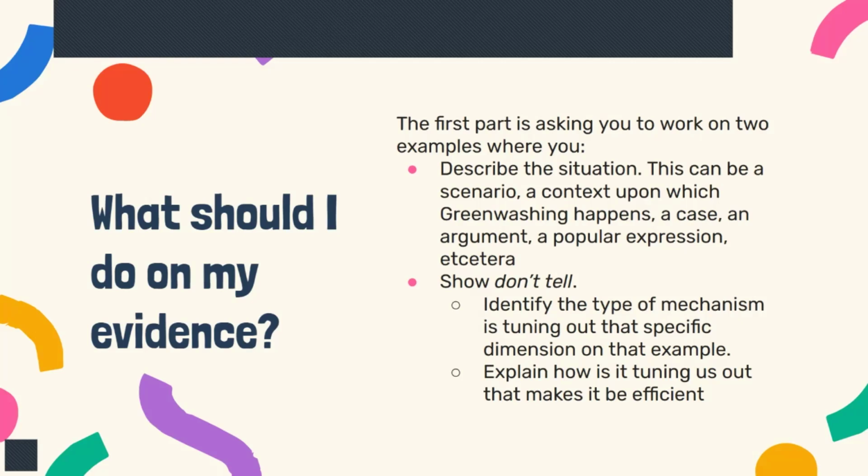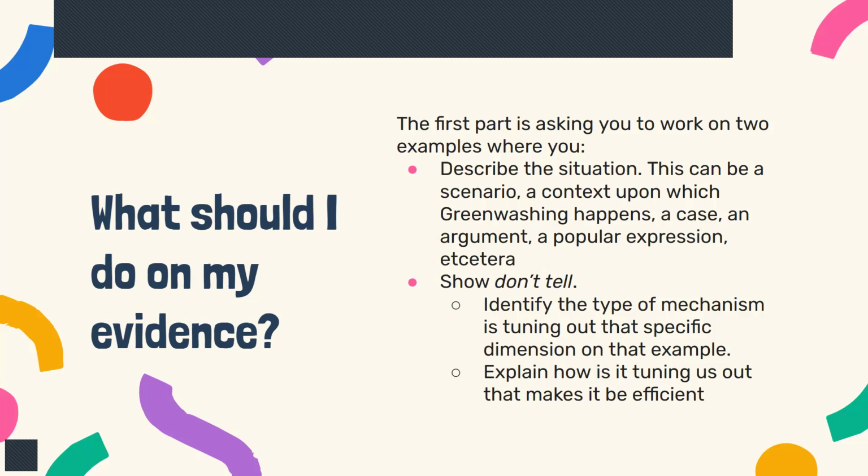You give us a scenario, just as you said, for instance, someone telling you about recycling, and then you talk about what kind of deception is happening, whether it's one of the 9 types of greenwashing or a fallacy, but you have to be specific.